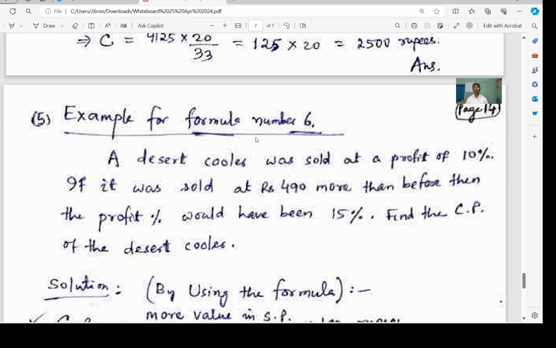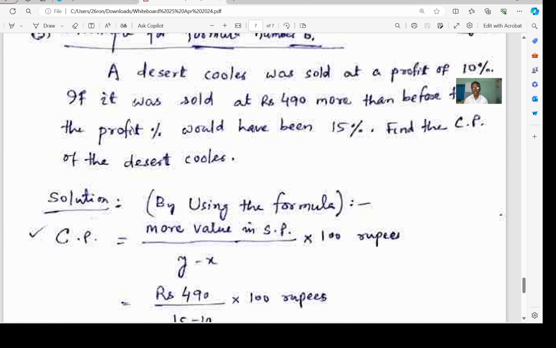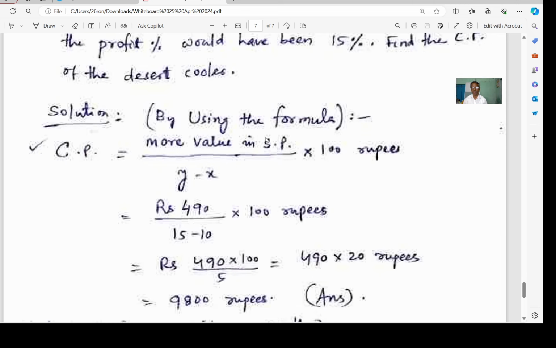Example 5 for formula 6. A desert cooler was sold at a profit of 10%. If it was sold at rupees 490 more than before, then the profit percent would have been 15%. Find the cost price of the desert cooler.